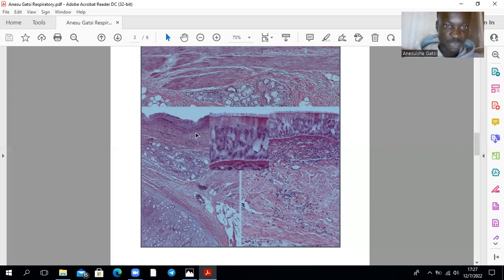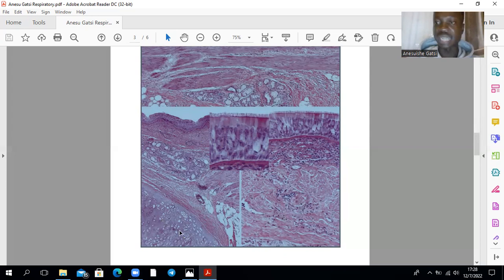From this side, we can appreciate the submucosa. We can appreciate the presence of this structure here, which is a lymphatic nodule. Then from this side here, we can appreciate this here, which is cartilage.